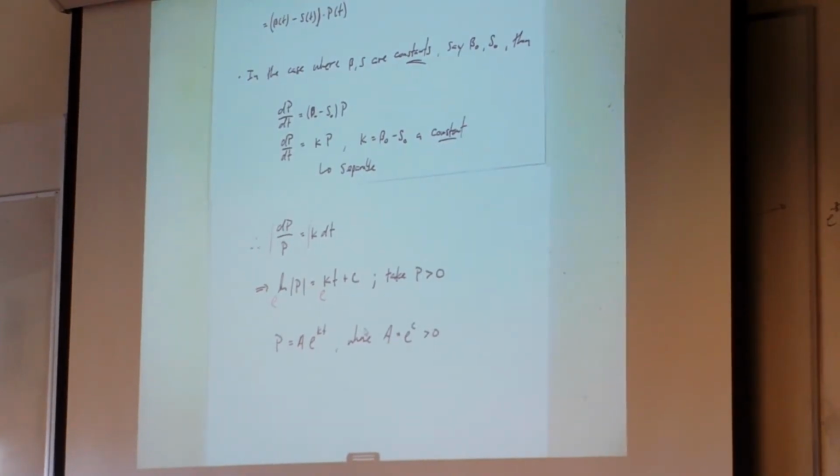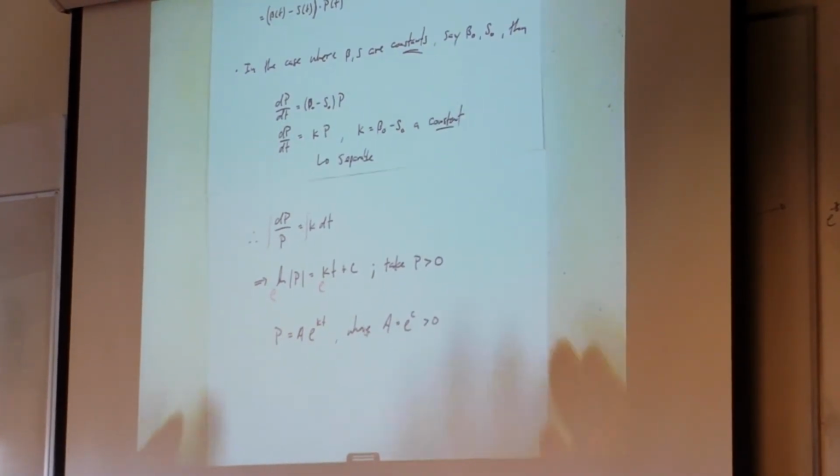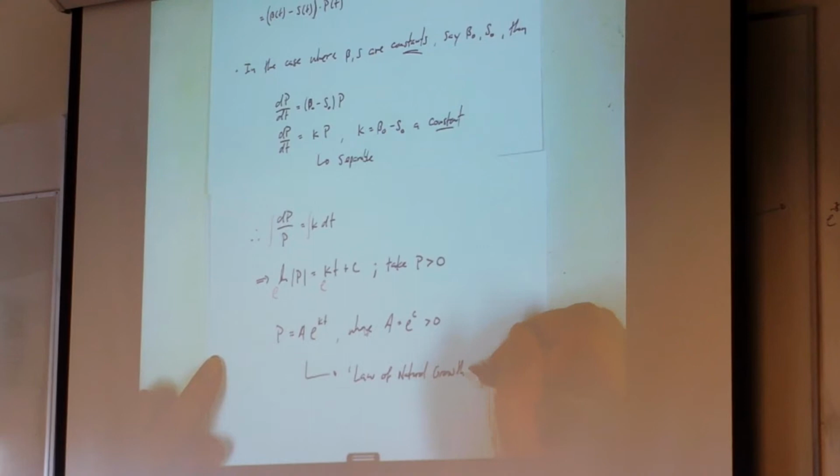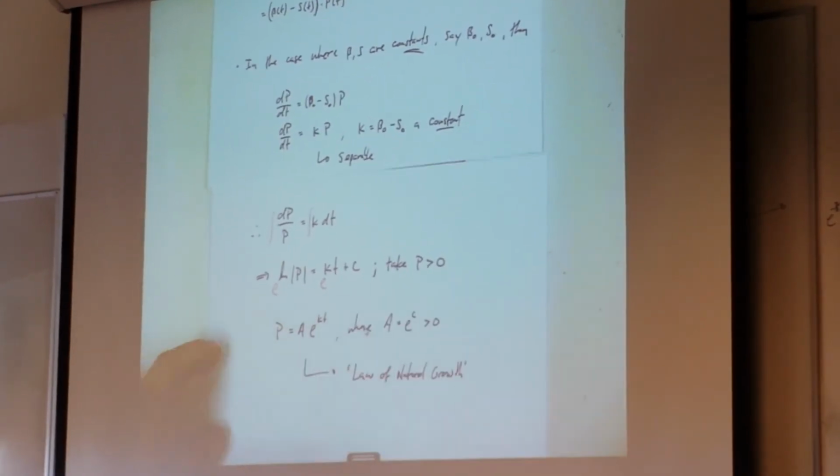Now K could be positive or negative, we don't know. So we get P equals A e to the Kt. This is called the law of natural growth, and it's exponential, right?